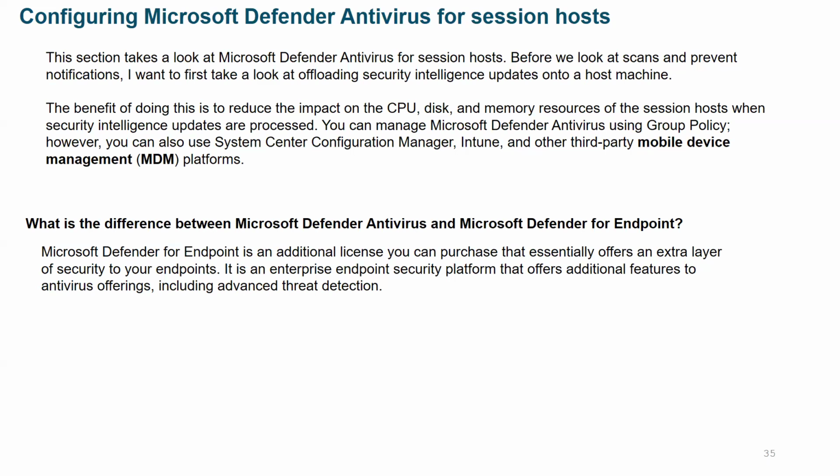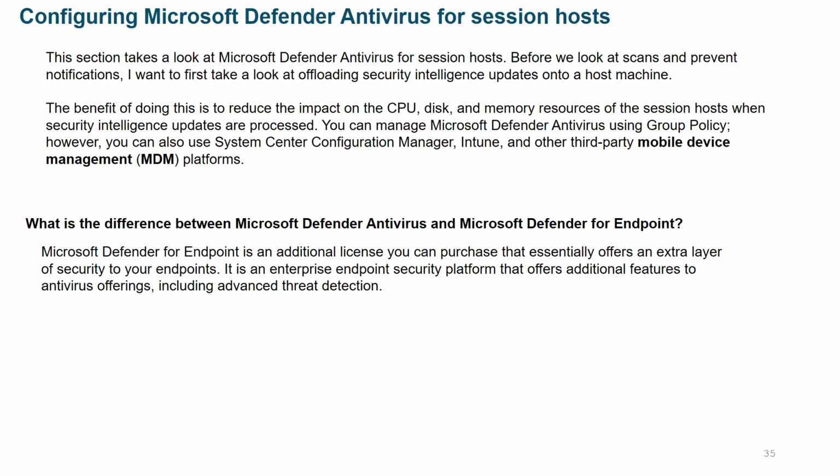So how do you configure these settings? You can manage Microsoft Defender antivirus using group policy. Most environments use group policy management on a particular OU. You can also use System Center Configuration Manager, SCCM, mobile device management, Intune, and other third-party tools like ManageEngine.